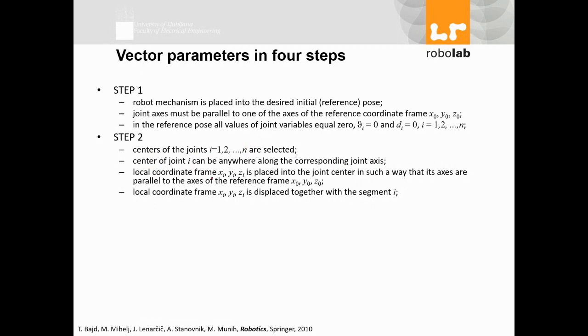A coordinate frame X, Y, and Z for each joint is placed into the joint center in such a way that its axes are parallel to the axes of the reference frame. So you choose your reference frame here like this.